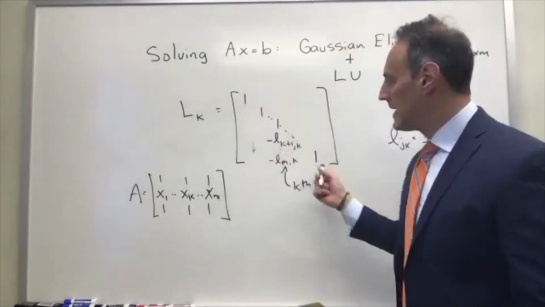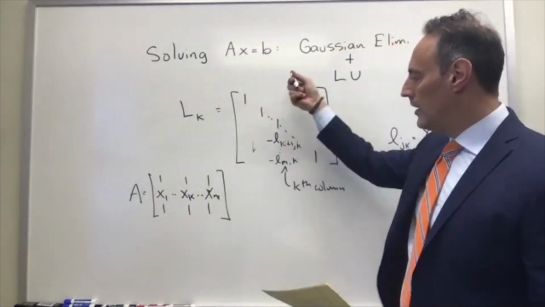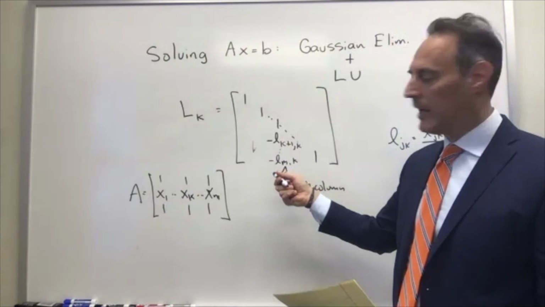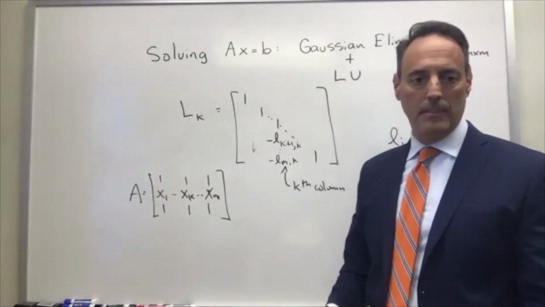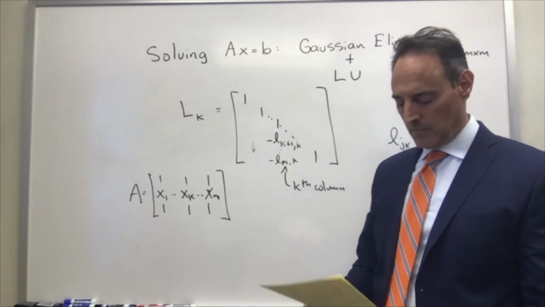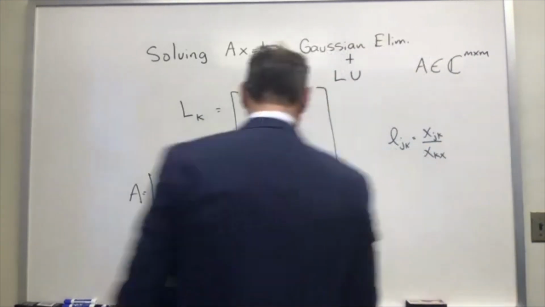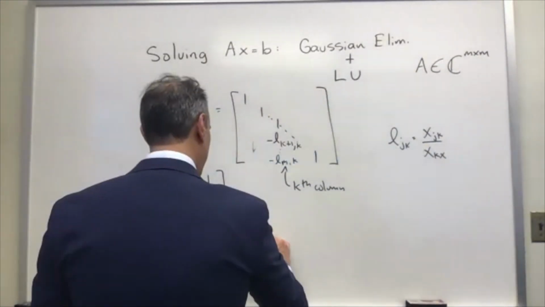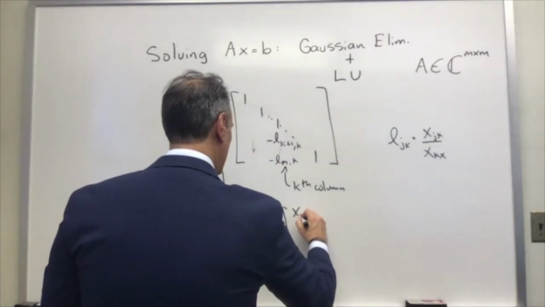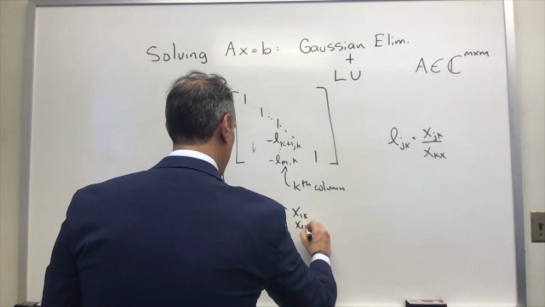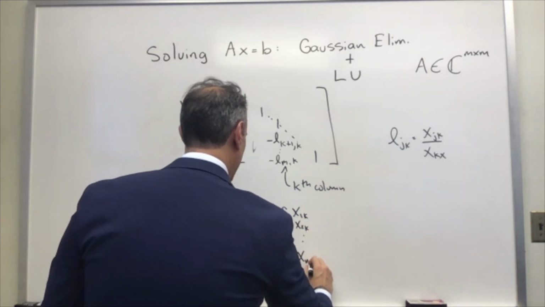Notice it's identity everywhere except for one column in particular, the x_k column. So nothing gets affected here except for the kth column. And in that kth column, here's what's going to happen. So I have x_k: x_1k, x_2k, all the way to x_mk.